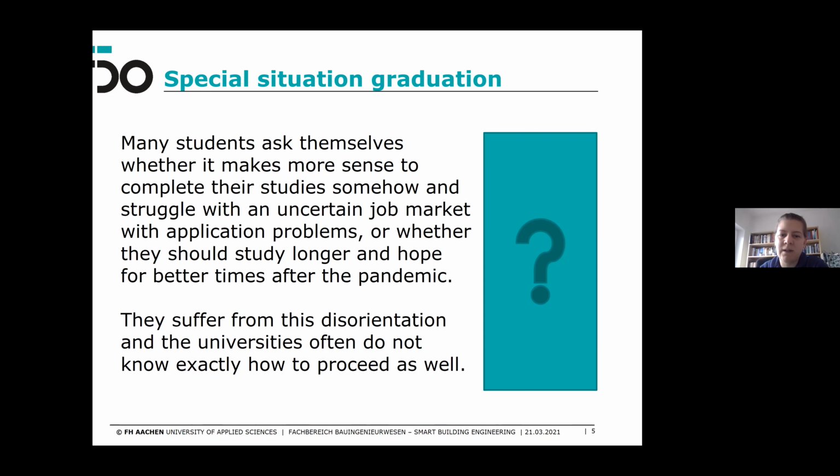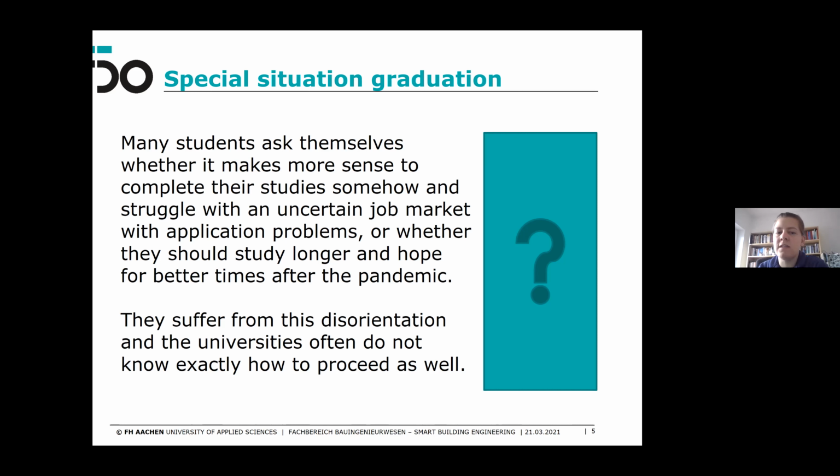In March 2020, of course, we had some people who just said, well, I will take some time and just hope for the pandemic to end. Now, after 2 years, this hope is more or less dying. So we have lots of students who just have to find a way through this problem. Of course, the students suffer because they have this problem of, let's call it, disorientation.